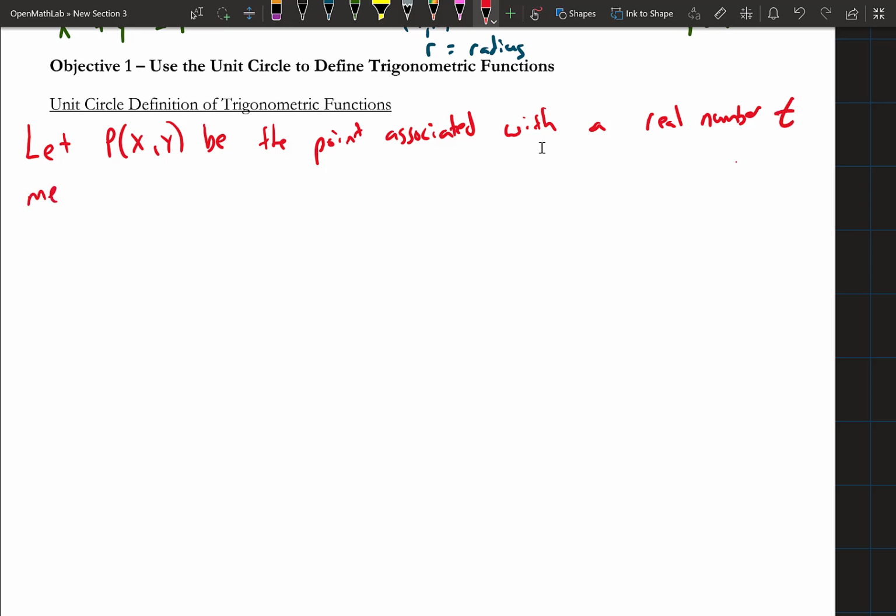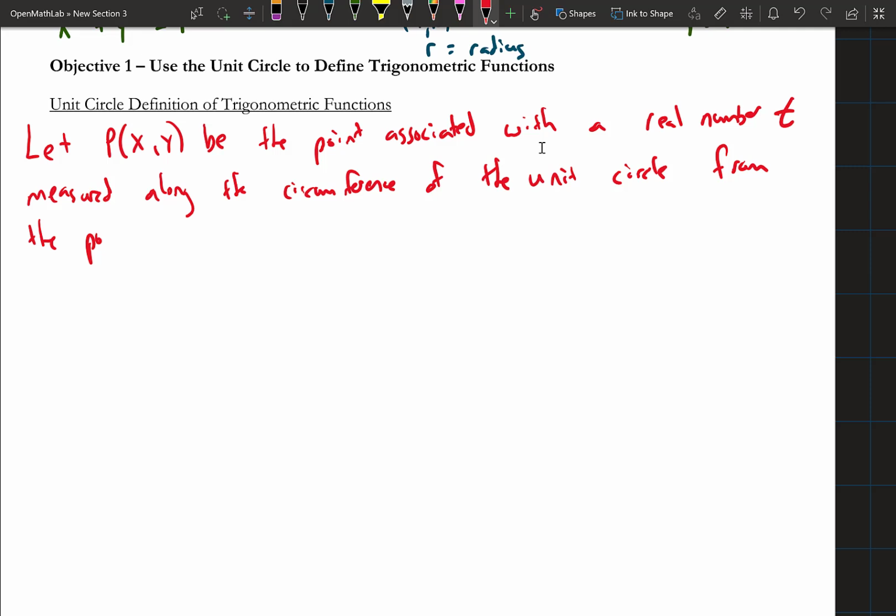measured along the circumference of the unit circle from the point 1, 0.